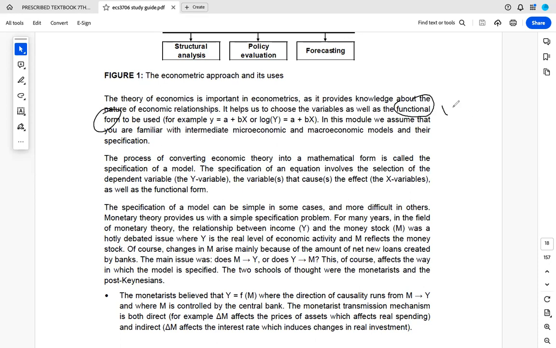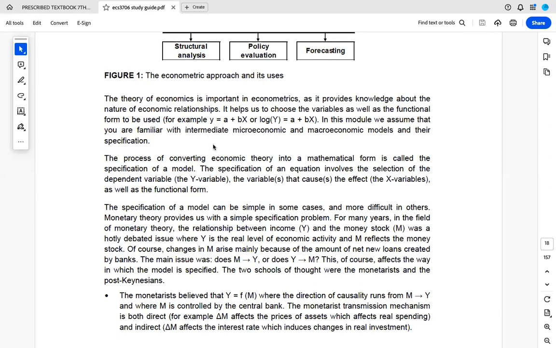For example, y = a + bx is one functional form. The logarithm of y = a + bx is another functional form. There are many different functional forms, and we are going to look at the different types of functional forms.